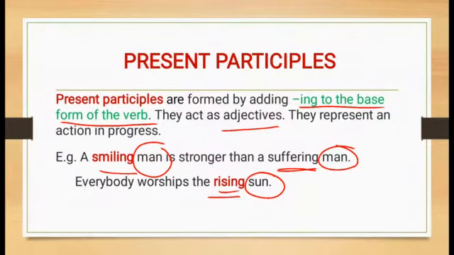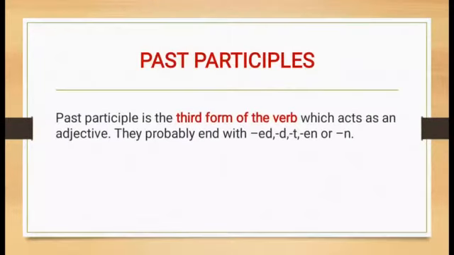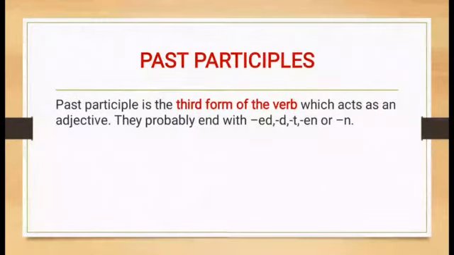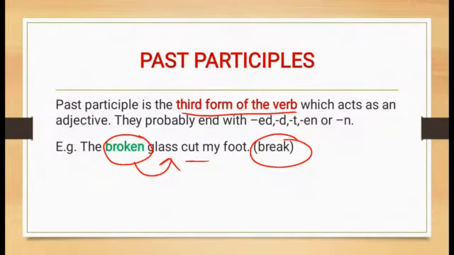Let us talk about past participles. Now, a past participle is the third form of the verb which acts as an adjective. Example, the broken glass cut my foot. Here, cut is the main verb, but the word broken is the third form of break, and here it is describing the glass.